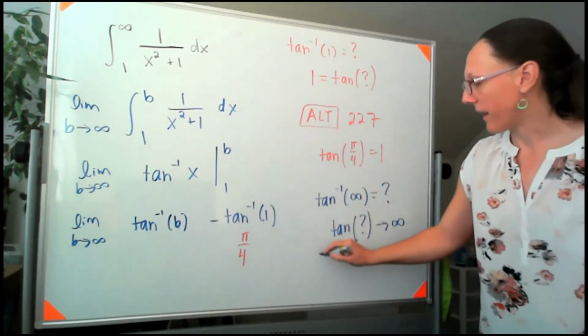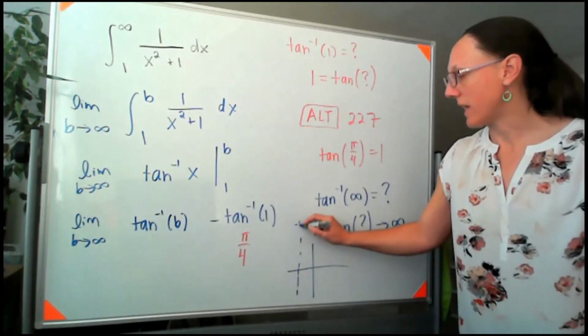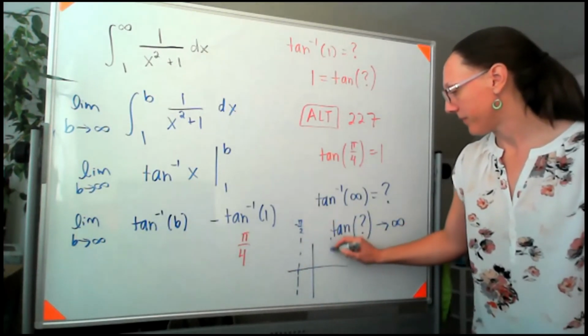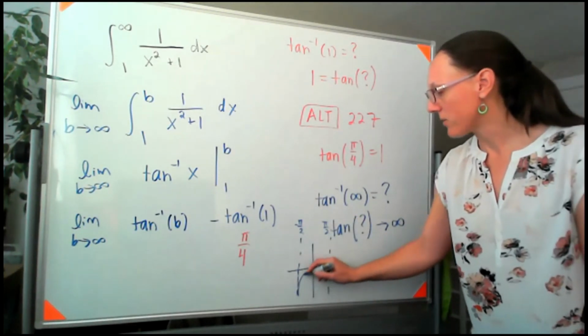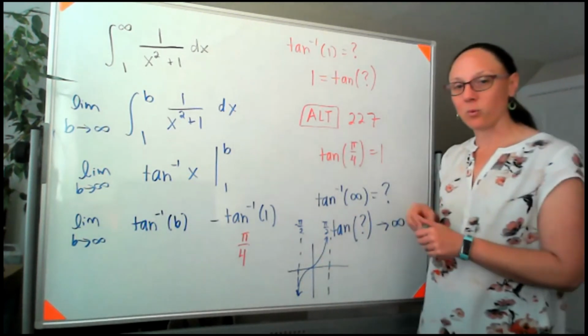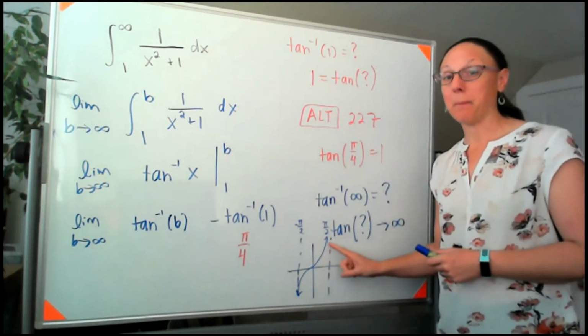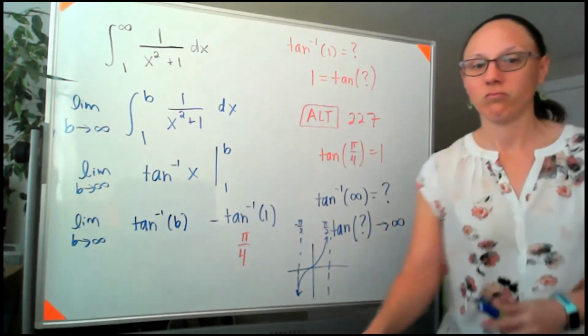So if I think about that graph of tangent, tangent has vertical asymptotes at negative pi over 2 and positive pi over 2. And it almost looks like a cubic in between them. So the angle where tangent is approaching positive infinity is pi over 2.